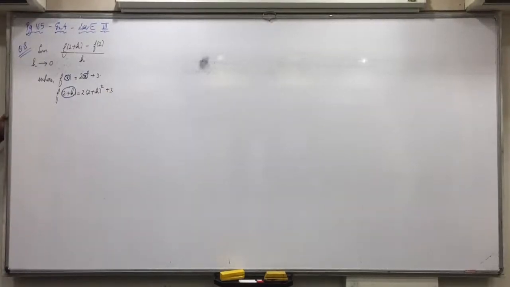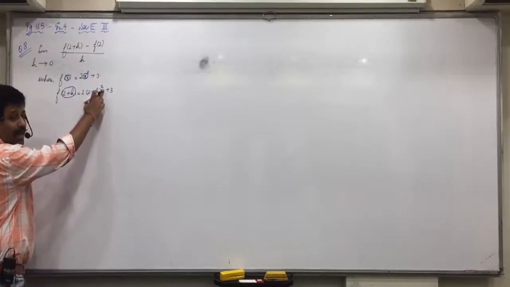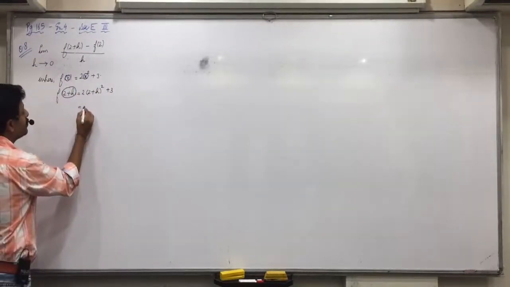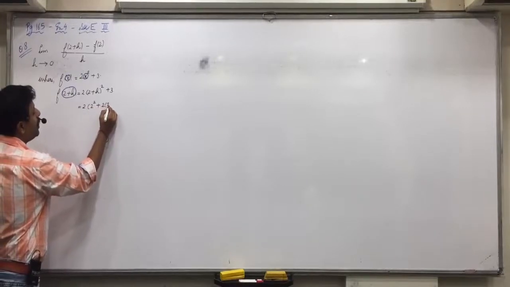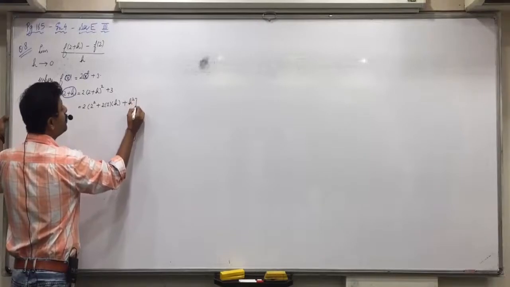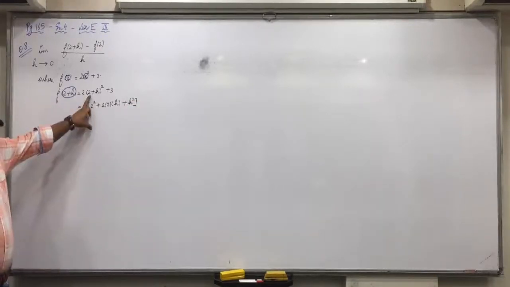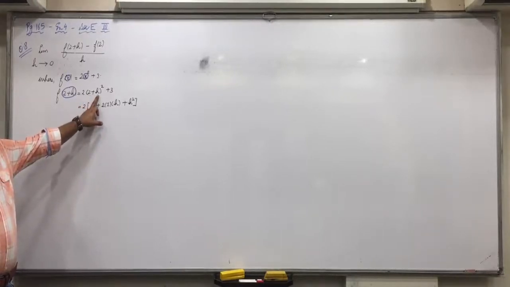Now, (a plus b) whole square is a square plus 2ab plus b square. In place of a there is 2, in place of b there is h.